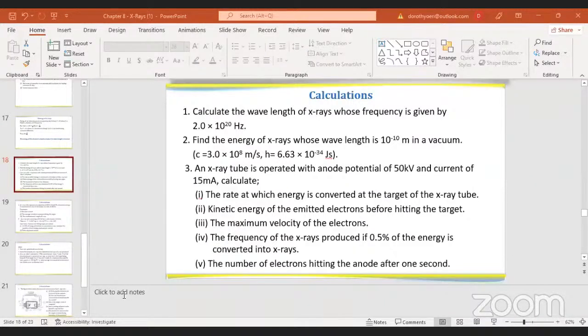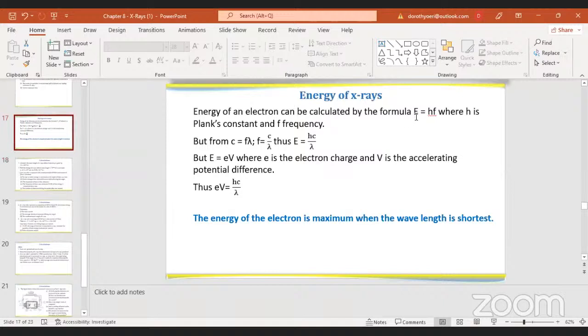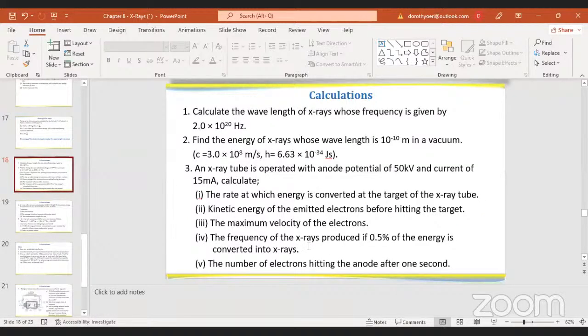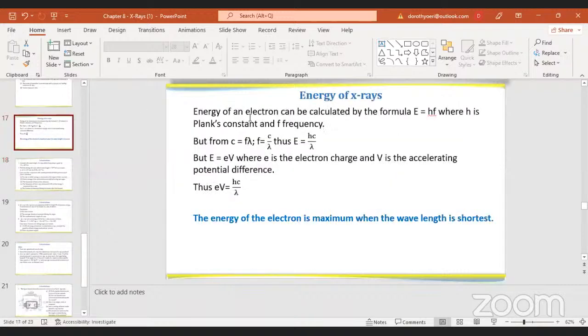Let's get more answers. Remember, we are using the formula E is equals to hf.